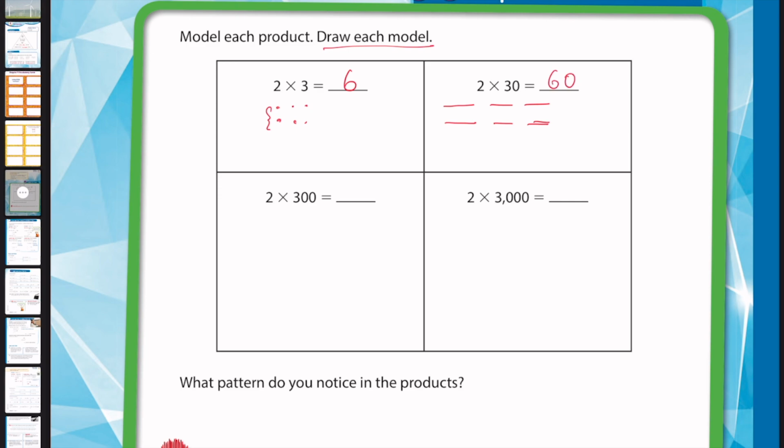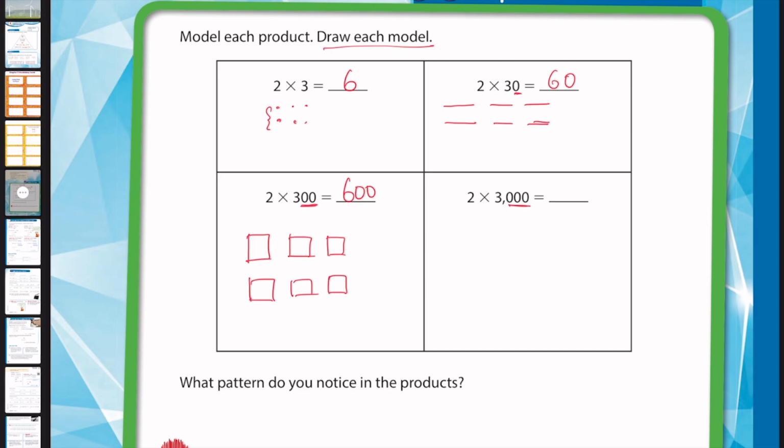And 2 times 300. You see the pattern, okay? Keep that in your mind. That's going to be what? Okay, 2 rows of 300, 100, 200, 300, 100, 200, 300. That's going to be 600.